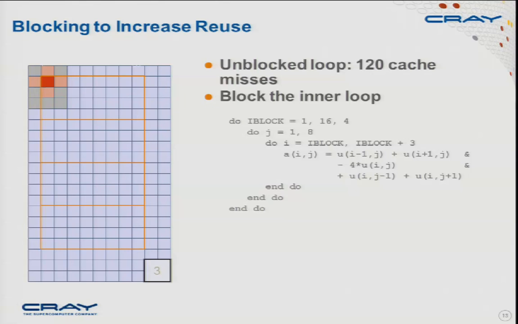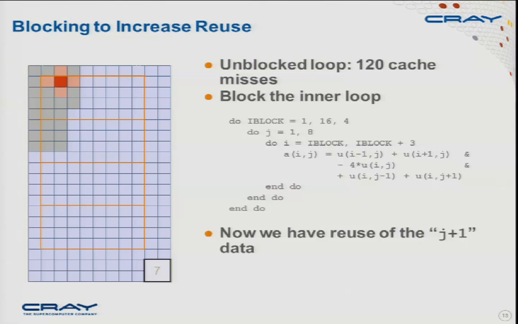Okay, so we go at the top. It starts off loading 3, goes down 4, and then increments the J. And you can see now it is actually able to reuse some of the cache lines before they get knocked out. So that seems like a positive thing. Now we have a reuse on the J plus 1, J minus 1 dimension.